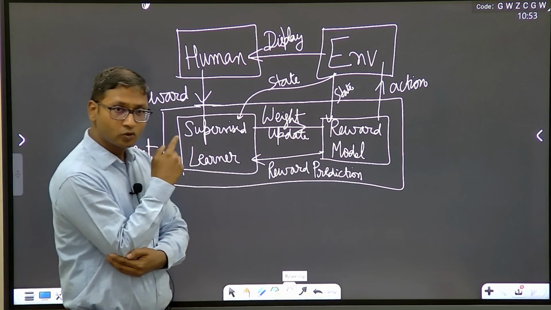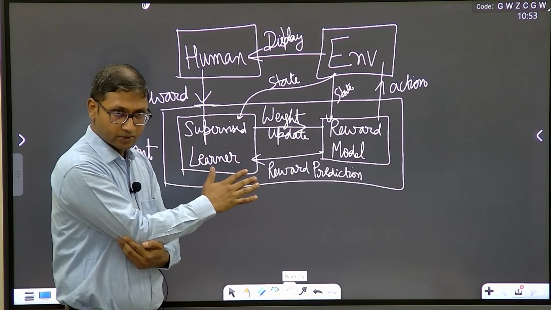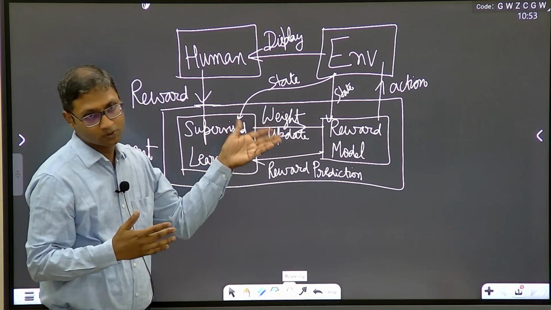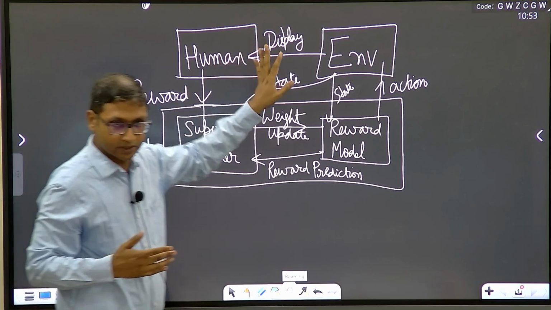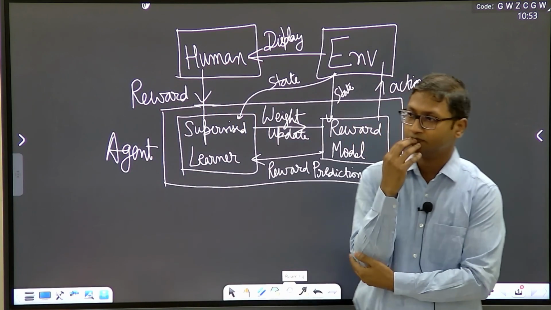But this is not what we are actually using for LLMs. There is some other diagram, so maybe that will be able to help us. Why? Because this was not done in the context of LLMs. Okay?